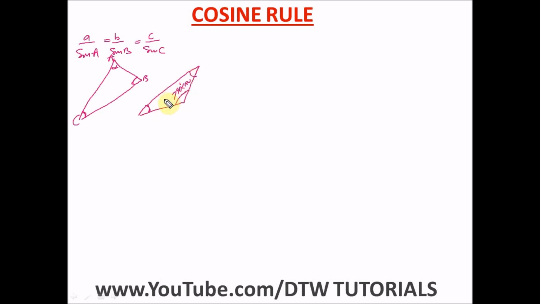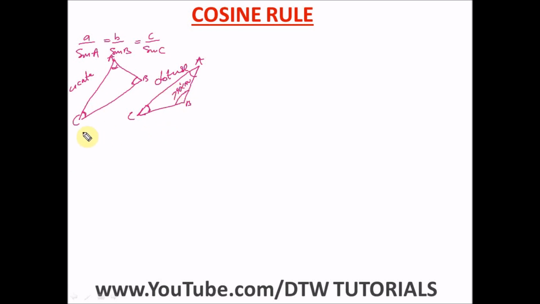So when you add all this together, you must still get 180 degrees. I'm just reminding you of what I discussed in the sine rule. You also use the cosine rule to resolve angles in acute-angled and obtuse-angled triangles. So this is acute, this is obtuse.